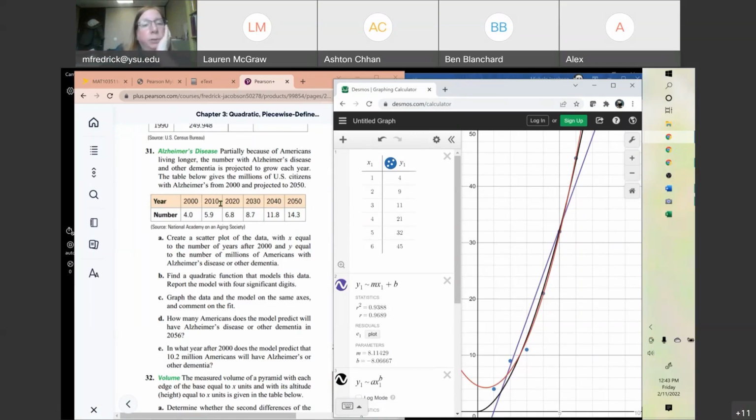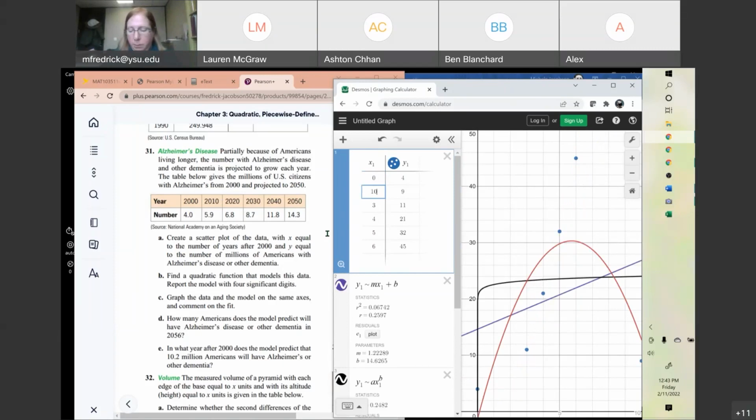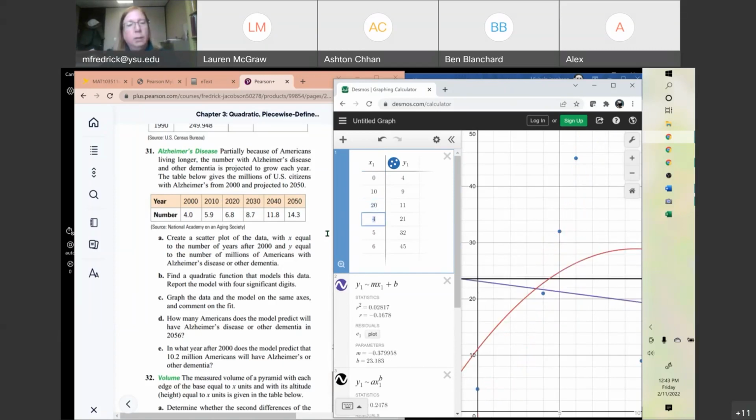So X is the number of years after 2000, not the actual year. So for this first one, the number of years after 2000, it would be 0. The next one, 2010, would be 10 years after. And then 20 years, 30, and 40, 50.